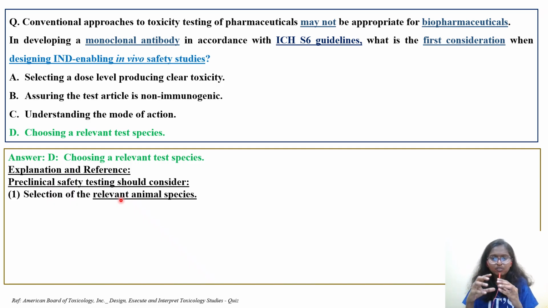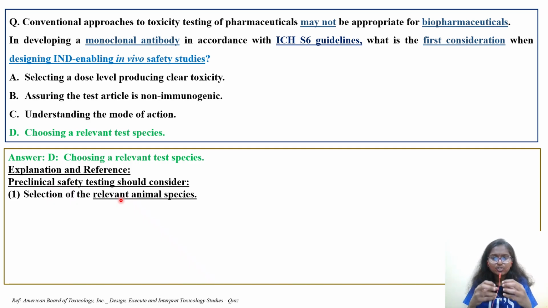But when it comes to monoclonal antibodies or biopharmaceuticals, there will be selected species, because the monoclonal antibodies or protein molecules, biotechnology derived products, to act on the testing population, which might be either mice, rat, rabbit, or dog, they should also have that enzyme or the receptor to which this monoclonal antibody can go and bind.